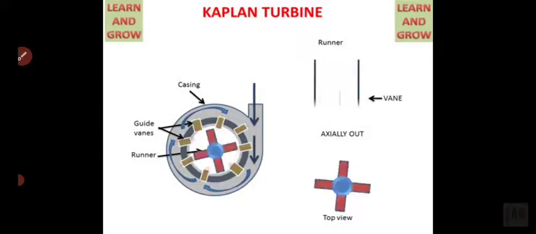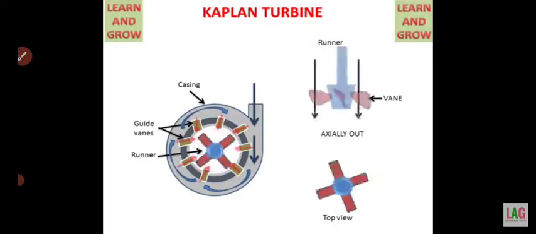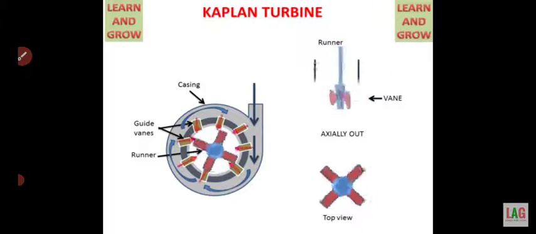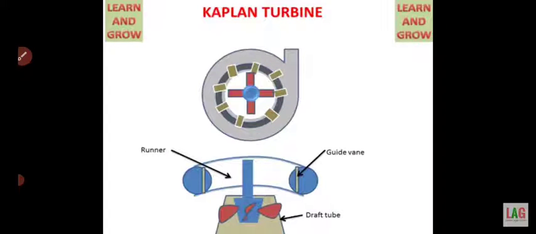Now we see the next figure for a clearer understanding of the Kaplan turbine. We have two figures, the above and the below figure. In the above figure, water will come and rotate, then it will enter from the guide vanes and the runner will start rotating.